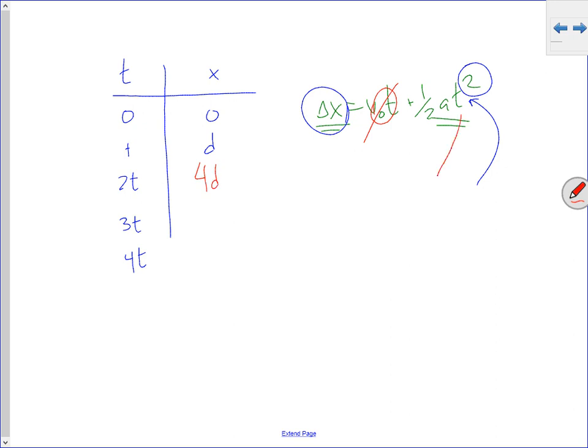If we triple the amount of time, we triple it squared, so it goes 9 times as far. In 4 times as much time, it goes 4 squared as far. There's that quadratic relationship.